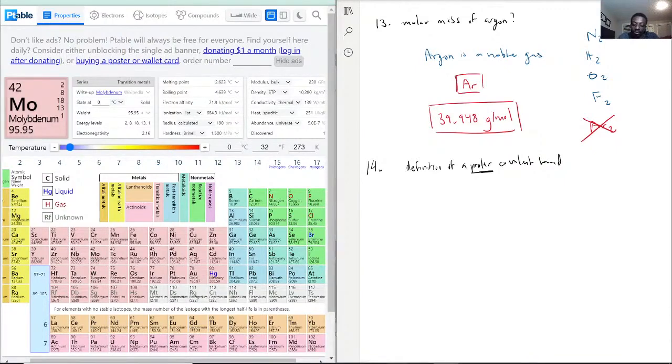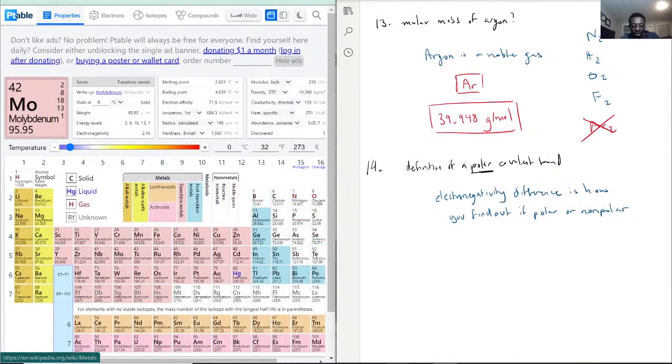So the electronegativity difference is how you find out if it's polar or non-polar. Okay, and you're probably wondering, what is electronegativity?